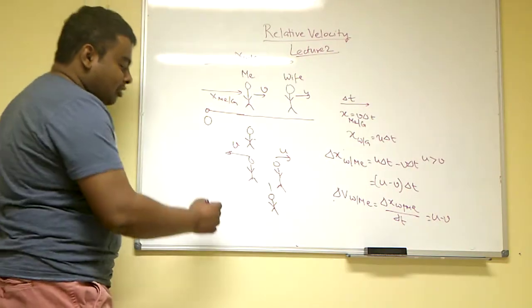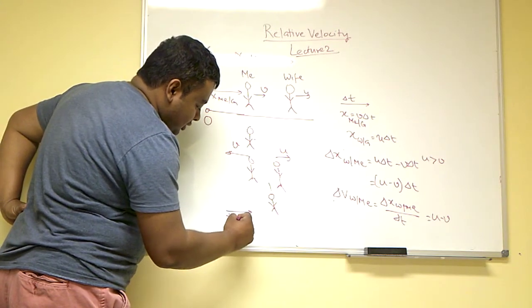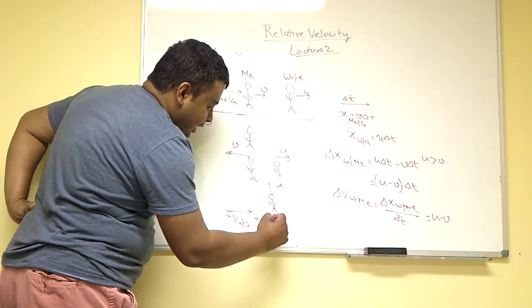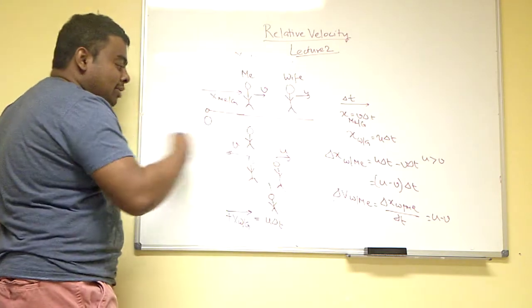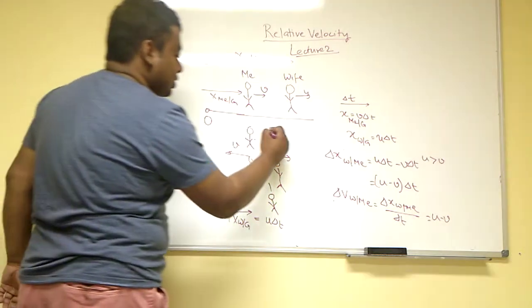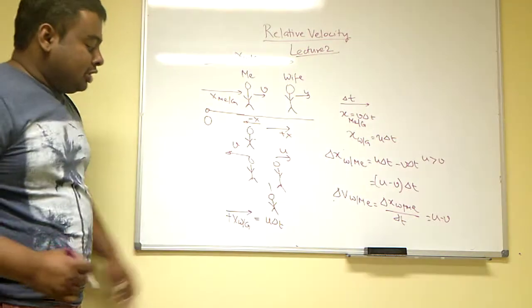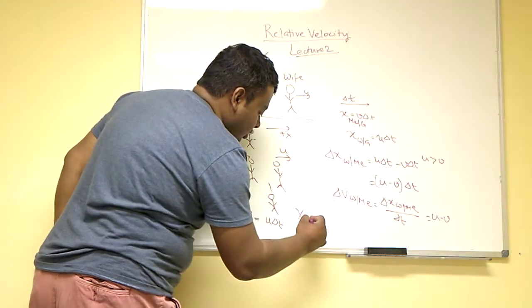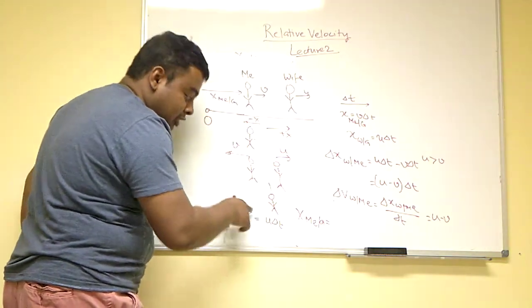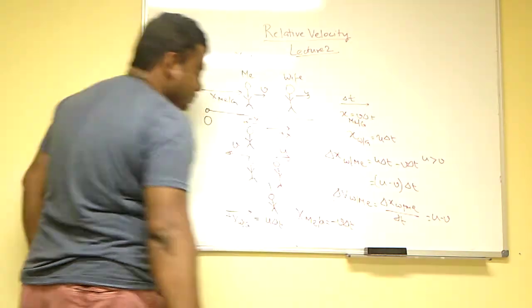So in his frame of reference, my wife has moved positive x with respect to ground of u times delta t, and I have moved in a negative x direction, assuming this is positive x and this is negative x, a distance of minus v times delta t, because he is a ground observer and he is not moving at all.